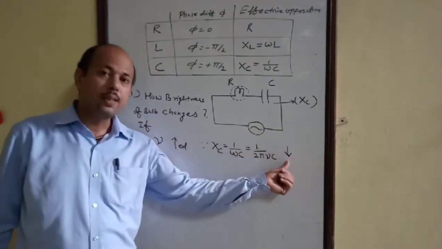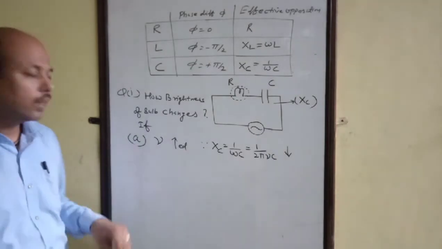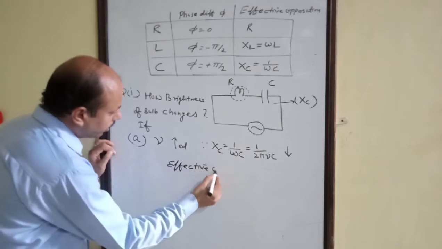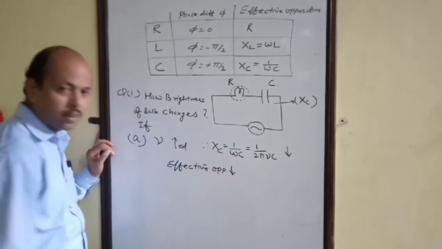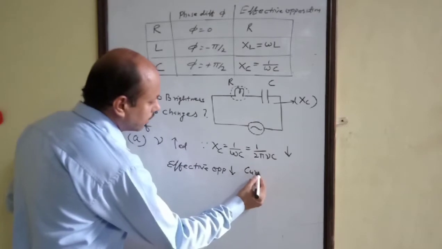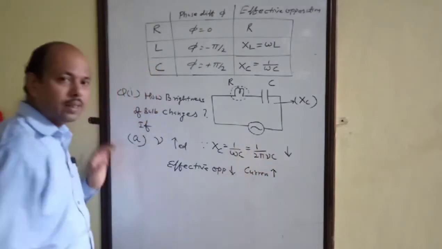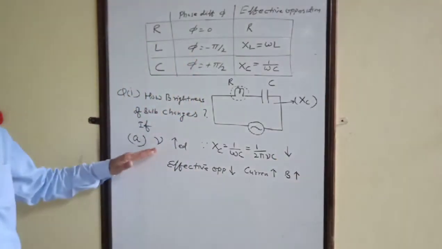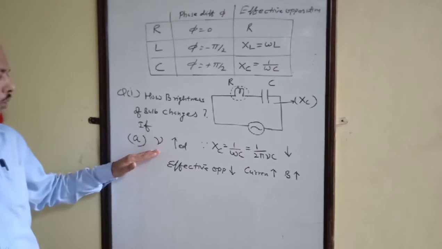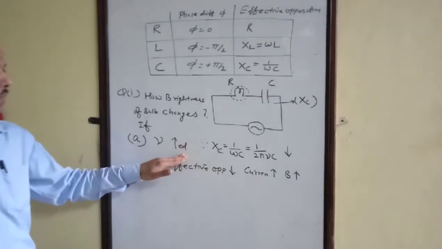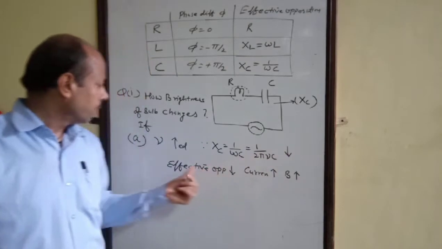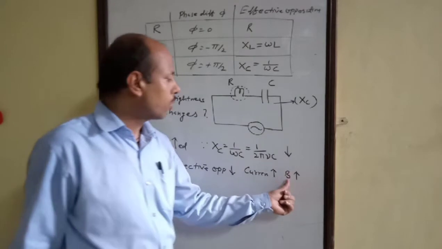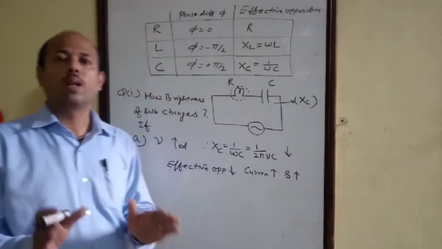Since Xc decreases, effective opposition decreases, and therefore current increases. And if current increases, then brightness will also increase. So this is the first question, a very important question. Frequency increases, then Xc decreases, therefore effective opposition decreases, hence current increases, and consequently the brightness of the bulb will also increase.